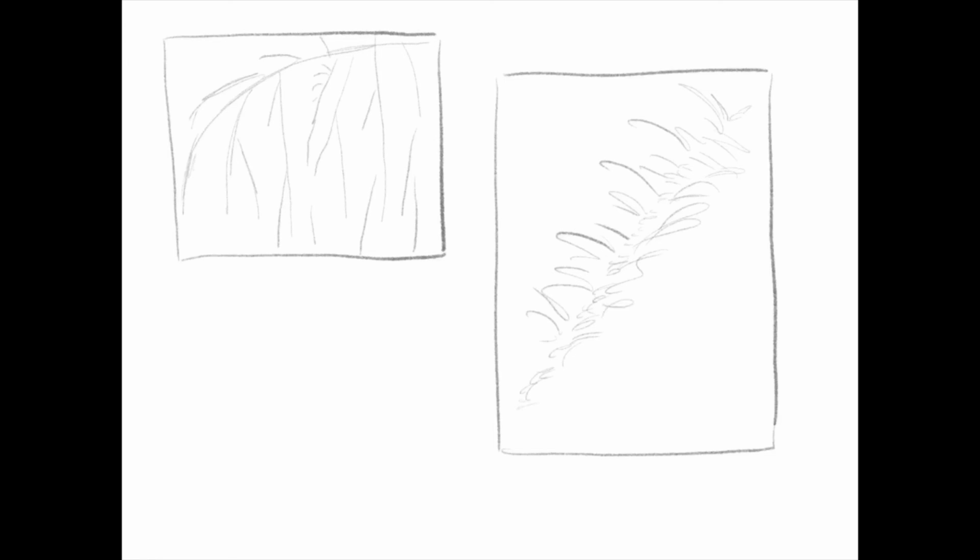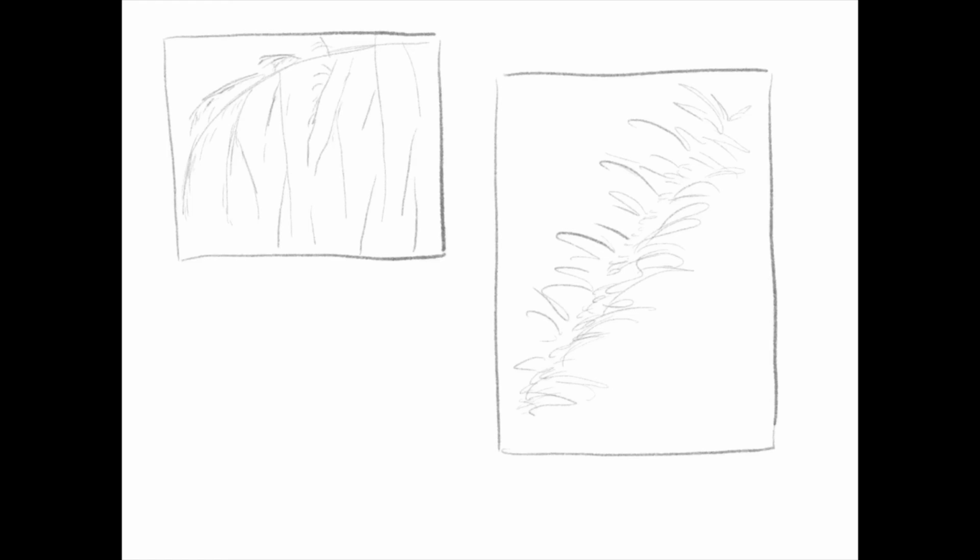There's a tree outside my window and there's a tree branch right here. I'm drawing the shape of it in one of these little thumbnail studies. And in this other one, I'm looking at a close up of one of these little leafy things. I'm not a plant expert, so whatever this is called.